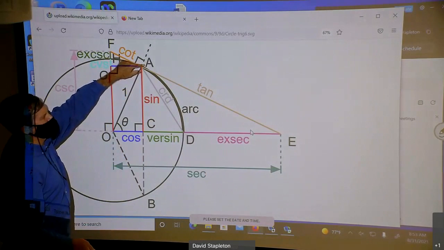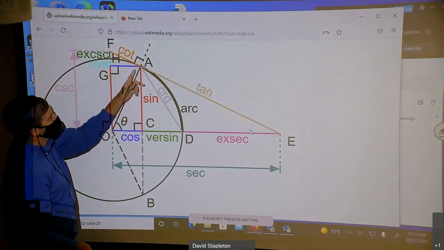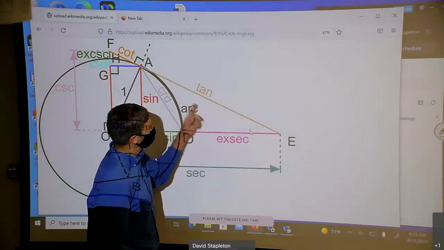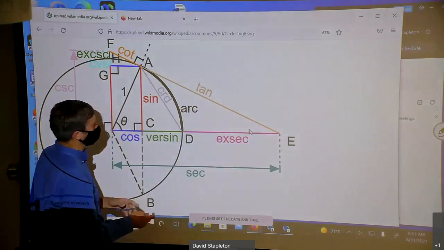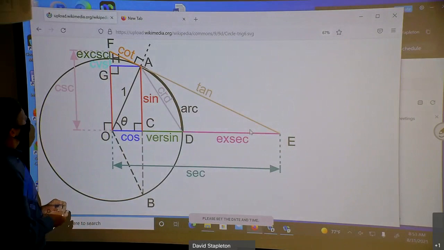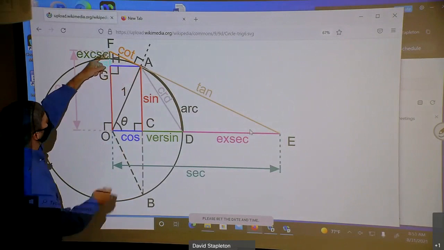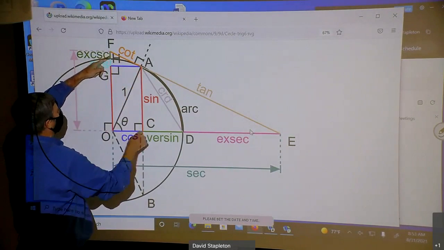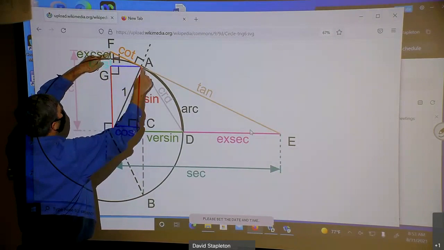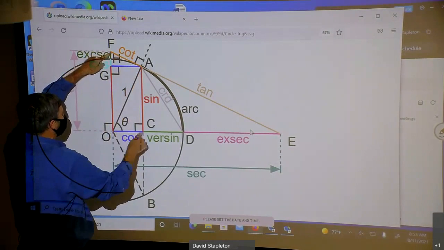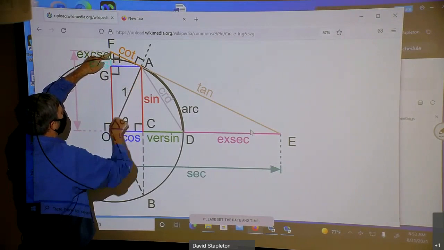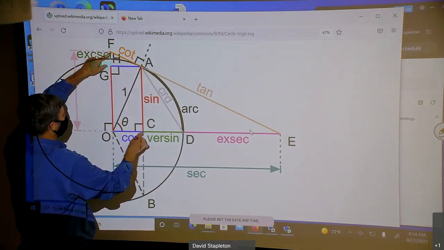So you say, why do you define tangent by a ratio of y to x? Well, it actually has geometrical significance because it's equal to this length here, plus or minus. And then cotangent is actually this length here. And if you look at this triangle, this one's also similar to this one. And the ratio of this side to 1 is the same as the ratio of this side to this side. Short leg to long leg.